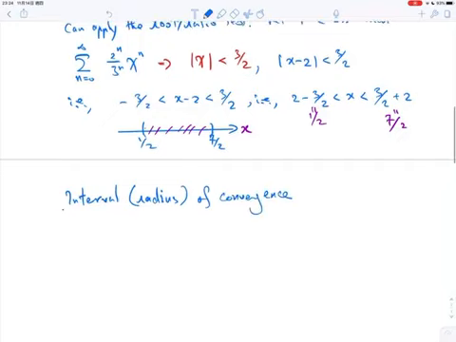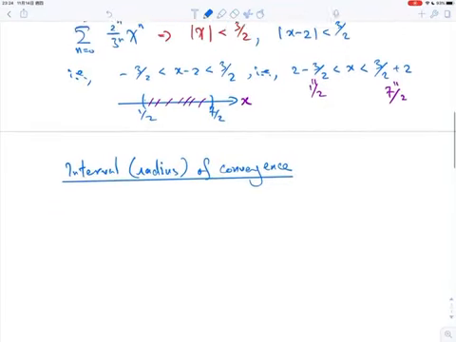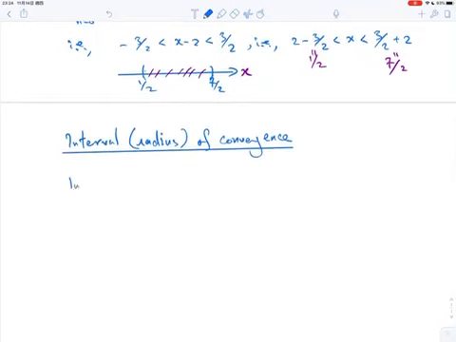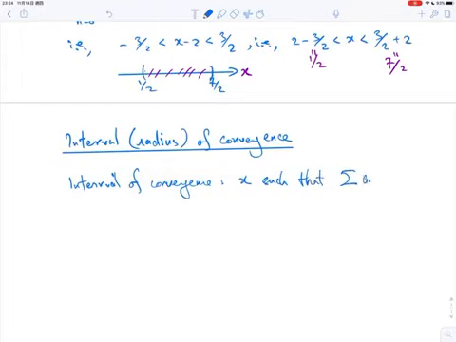So like in the early example, the interval of convergence refers to those x such that the power series converges.